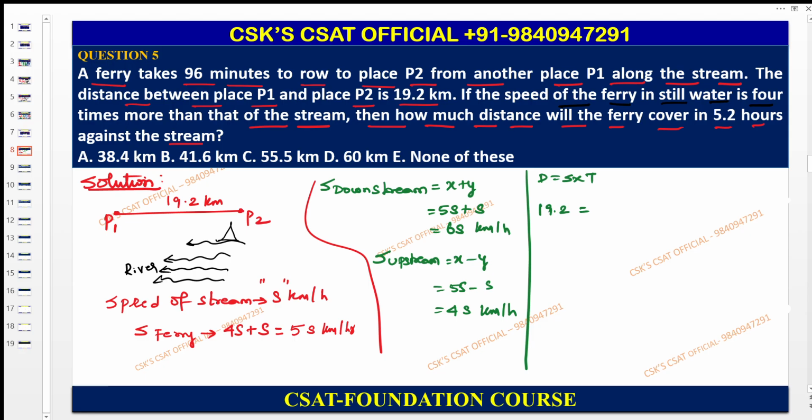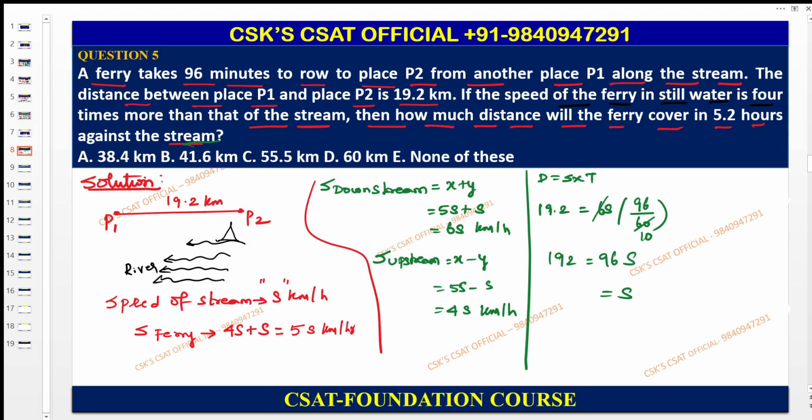So distance 19.2 is equal to the downstream speed 6S into the time. They take 96 minutes to row from P1 to P2, which means the same direction, downstream. The time is provided in minutes, so convert it to hours, 96 by 60, which cancels to 1.6, that is 8 by 5 hours.